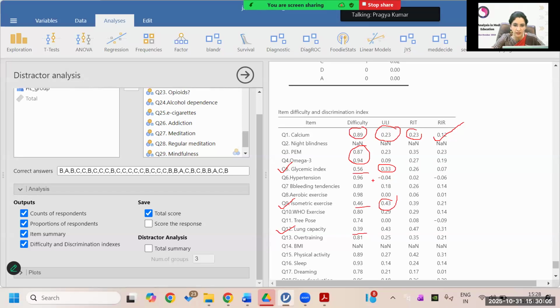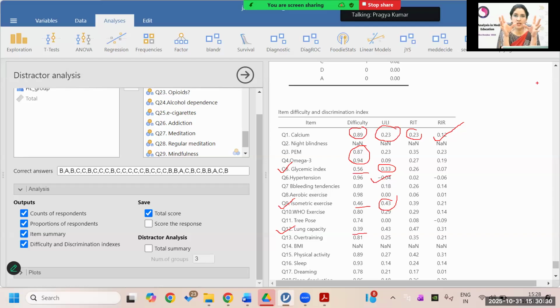Now, if you see hypertension, this ULI is negative. What is the meaning of this negative ULI? Yes, how do we calculate the ULI? Number of students who have picked up this item in the upper minus lower. So if the lower group has picked up more number of correct answers, this discrimination will be negative.